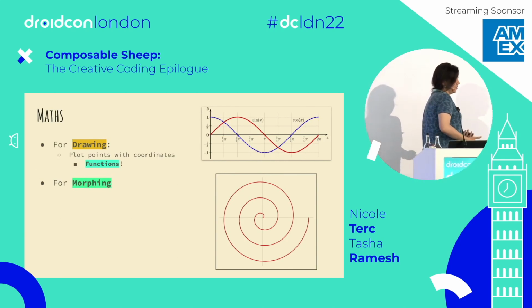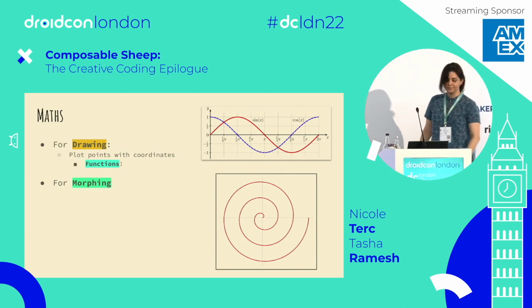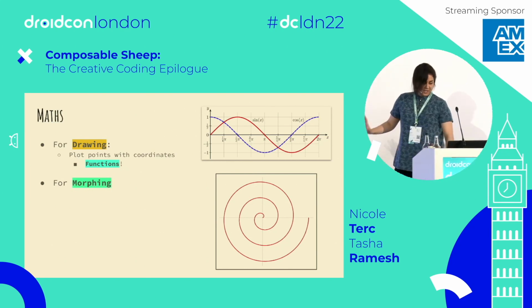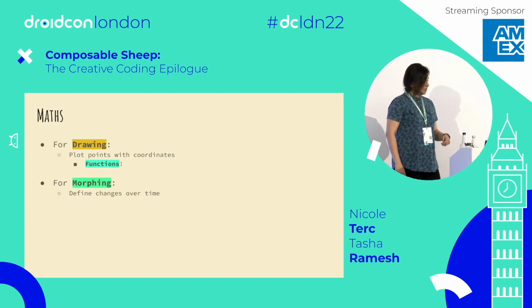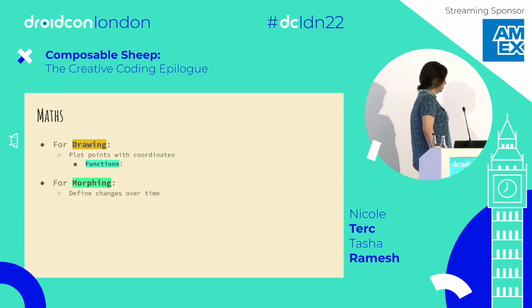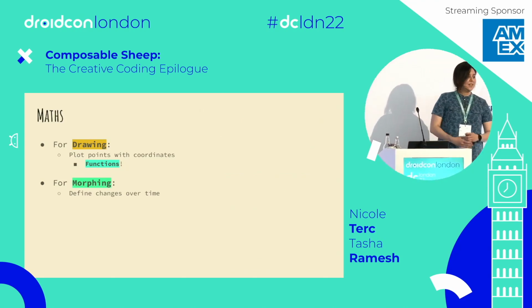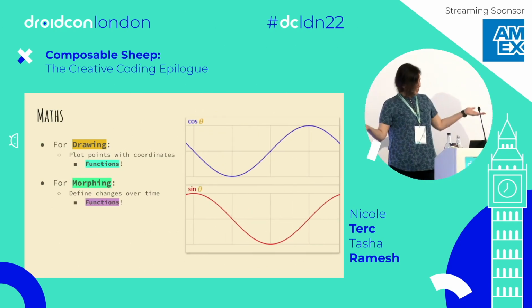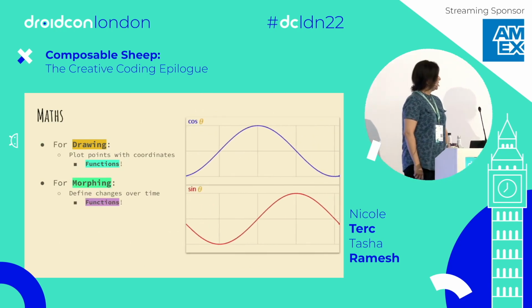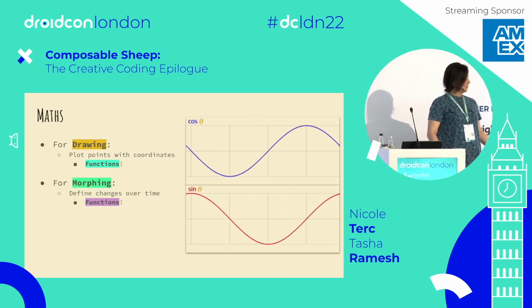We're going to be using functions to plot waves, to plot spirals, to plot things found in nature. Now that we have things drawn using these functions, for morphing, we're going to use them to define changes over time. Now, again, if you recall your high school classes, most of the changes over time also work with functions. So in summary, maths is going to be used to graph functions, plot them, and consume them.